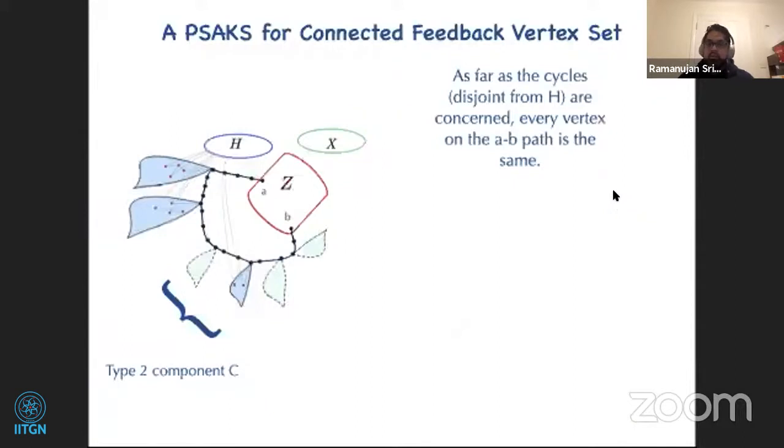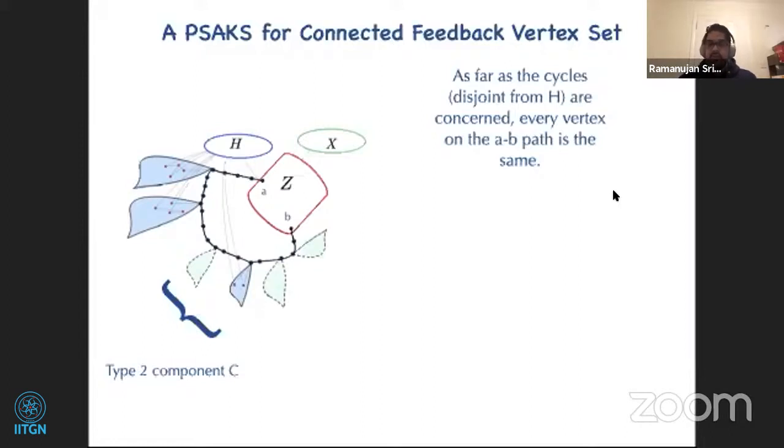So let's zoom in to some arbitrary type 2 component. As mentioned earlier, there are no edges between the component C and X. There are exactly two neighbors in Z. And there could be some arbitrary number of neighbors in H. Now, because it has exactly two neighbors in Z, and the type 2 component itself must be a tree, this is what the component must look like.